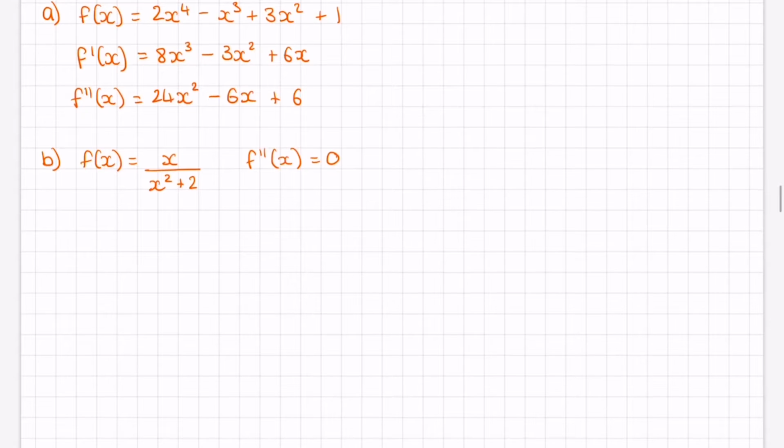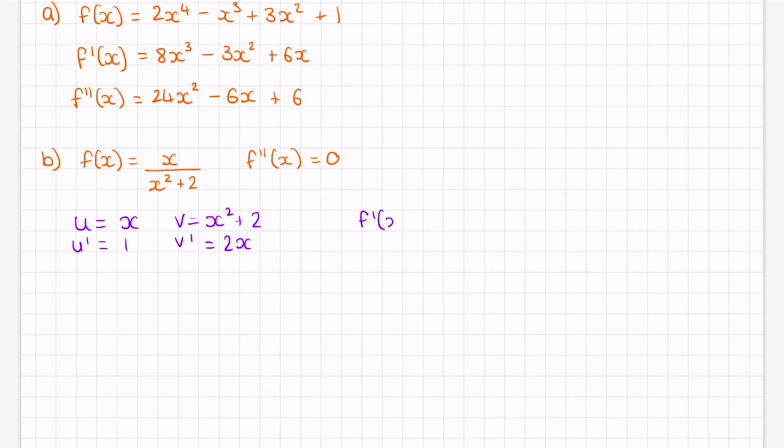So to find our double derivative, we need to find our u and v for the first one. So the u will equal x, v will equal x squared plus 2, u dash is 1, v dash is 2x. So now we put together our first derivative.